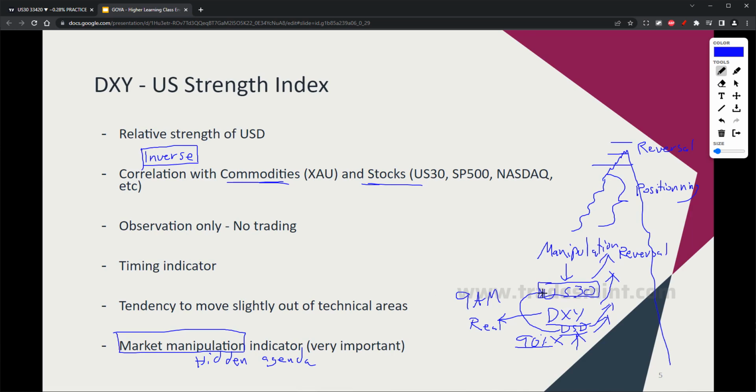However, if we see that they're both going in the same direction, it means there's a manipulation, there's a hidden agenda, something is going on. Look at your fundamental. If there's a specific fundamental situation, figure out what's going on and which one is the real movement. But most of the time, like I said, DXY is going to show us the real intention, because it's an average.